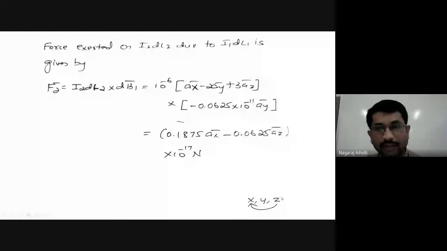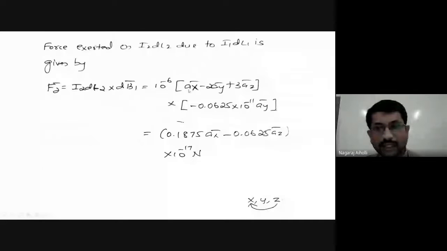This is very important. How do you multiply AX into AY?